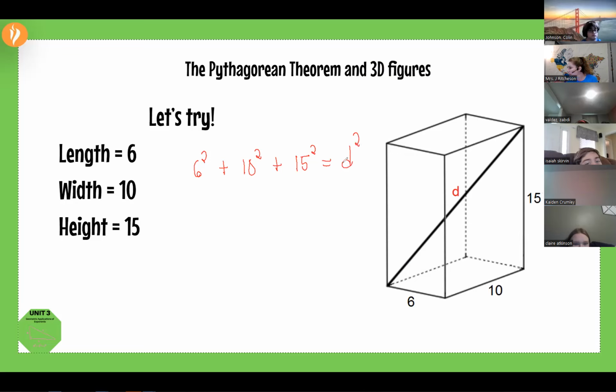Ashlyn, you're so quick. All right, 6 squared is 36. 10 squared is 100. 15 squared is, I think, 225. Is that right? I think so. Add up all those numbers: 361.